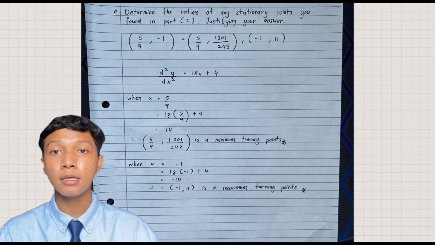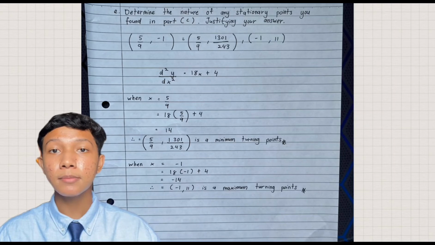For the second, when x equals negative 1, we use the same way. 18 times negative 1 plus 4, and the answer is negative 14. So negative 1, 11 is a maximum turning point.